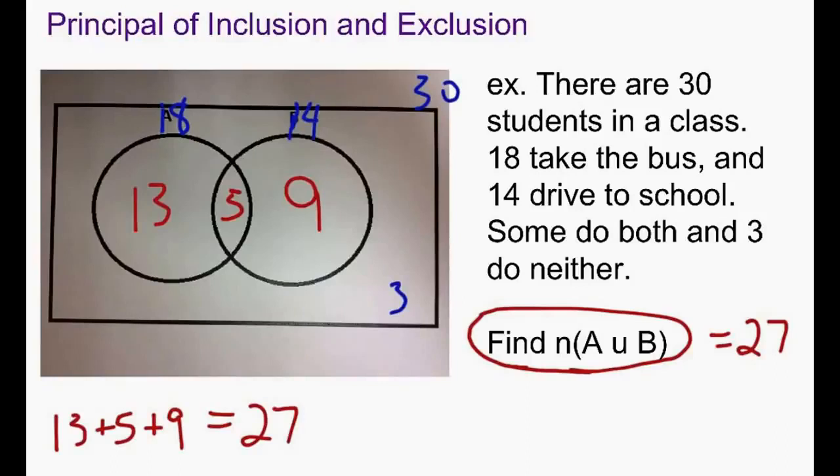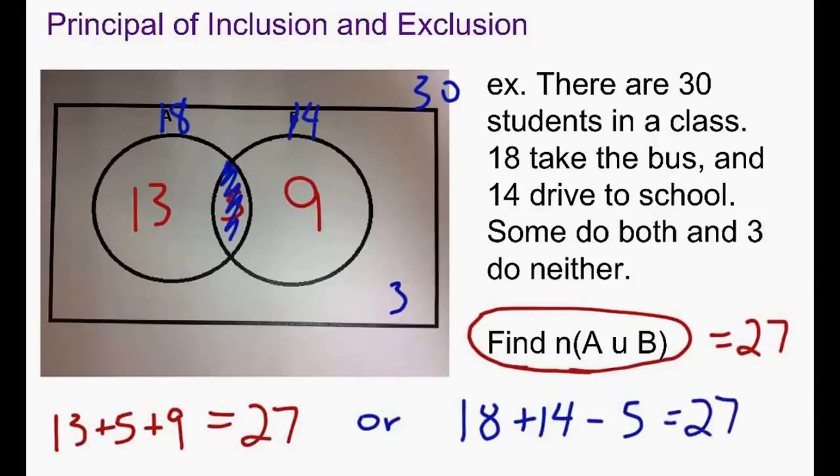Or the other way that we actually did it is we went 18 plus 14, right, that gave us 32, so all of A was 18, all of B was 14, and then really all we have to do is basically subtract the overlap. We don't want to count those people twice. So another way we could have done it is, once we had the circles, we could have went 18 plus 14 minus the 5, and that gives us 27.